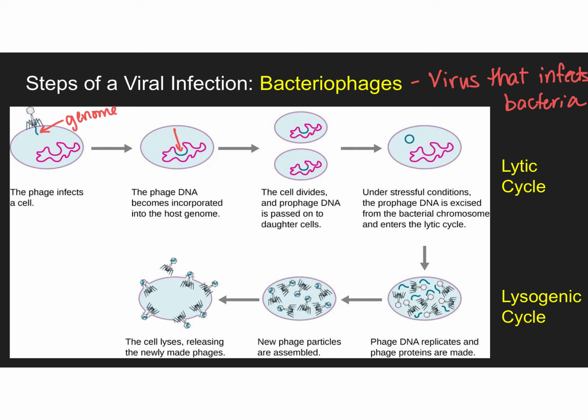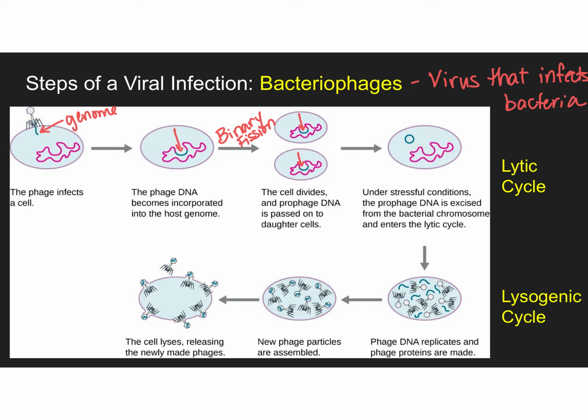Now, when bacteria reproduce, they go through binary fission. And remember that binary fission itself makes clones or exact copies of the original cell. And so every time that bacterium goes through binary fission, that viral DNA gets copied along with the genome of the bacterium. And this can happen again and again and again.